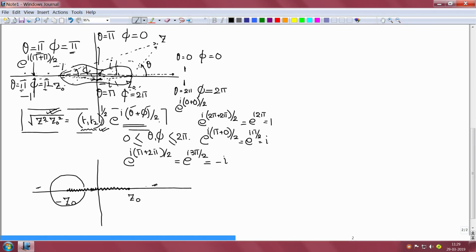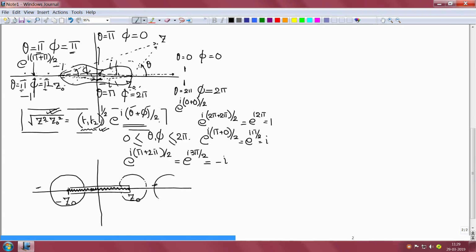Similarly, suppose I decide to go around here. Up till here the function has one value; you cross this line and the function jumps its value. So I cannot go around in a circle like this. This line is prohibited, this portion is prohibited when doing closed contour integrals.